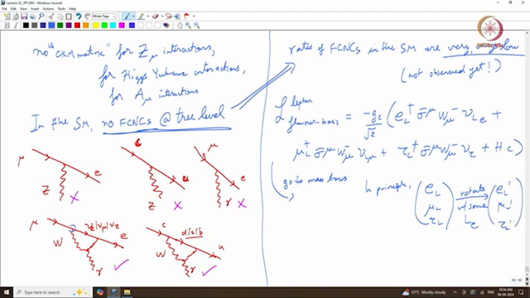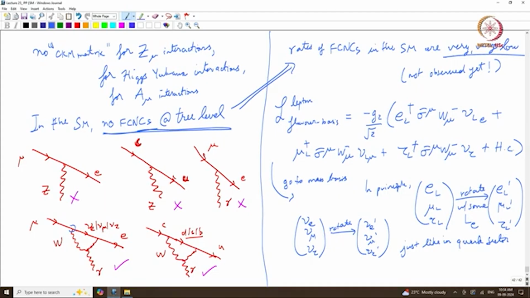And of course, I can also rotate the neutrinos as well. So, I have this, this, and this, and I can rotate this using some matrix, of course, just like in the quark sector. In the quark sector, we rotated both the up and the down, correct. That was the generic thing that one could do.